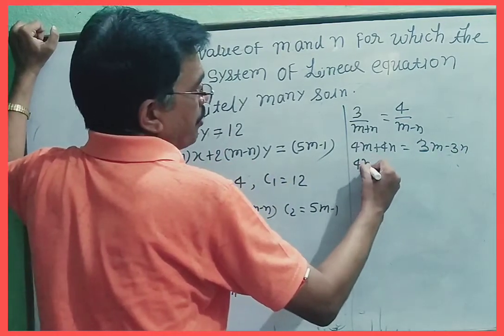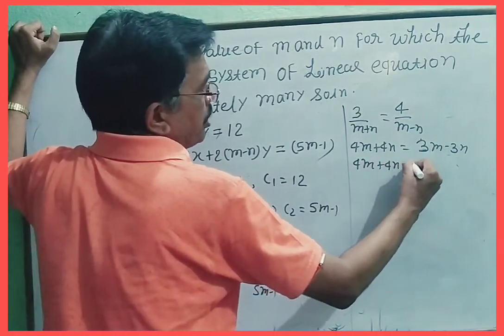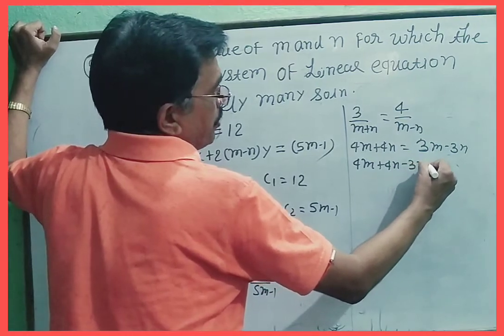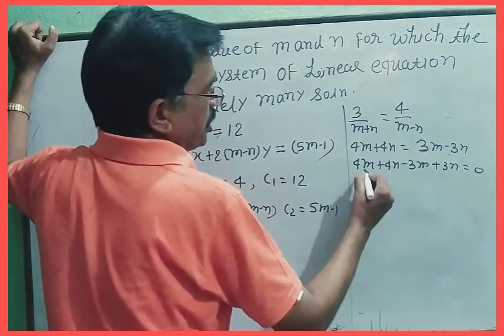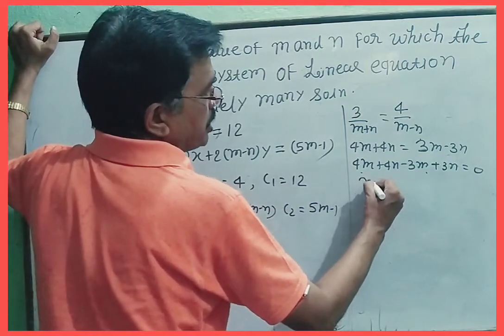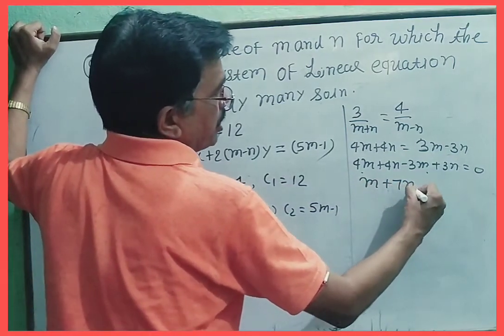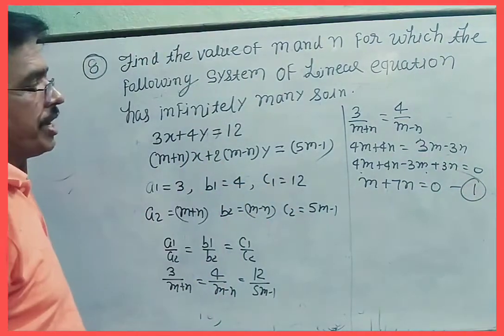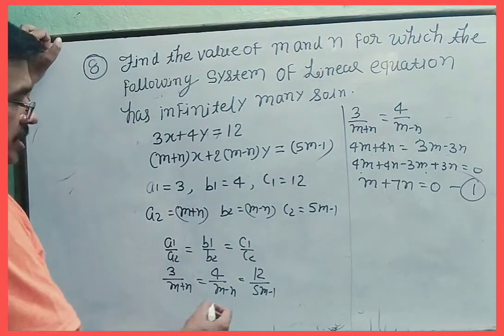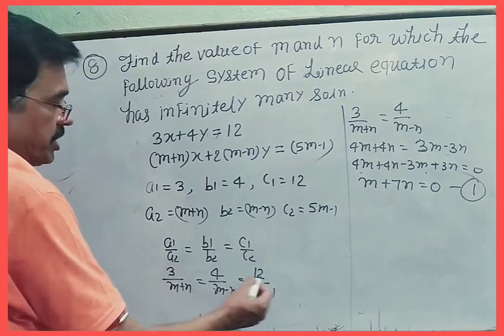Here 4m plus 4n minus 3m plus 3n is equal to 0. Then 4m minus 3m, that is m plus 7n is equal to 0. It is the first equation of the linear equations. Similarly, you can solve the next two, and first and third also.